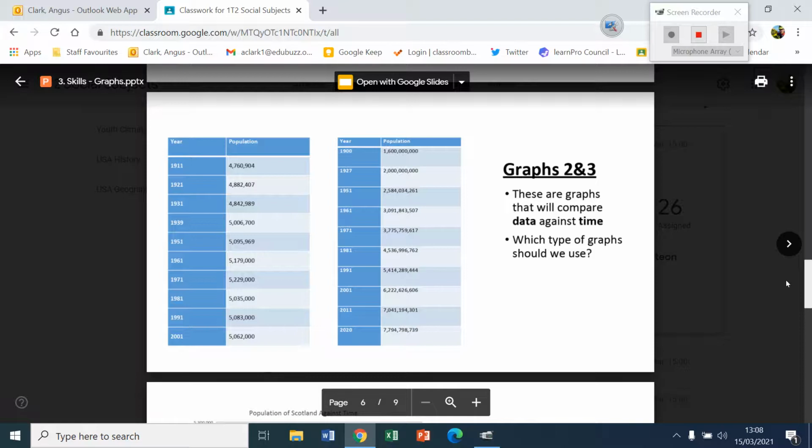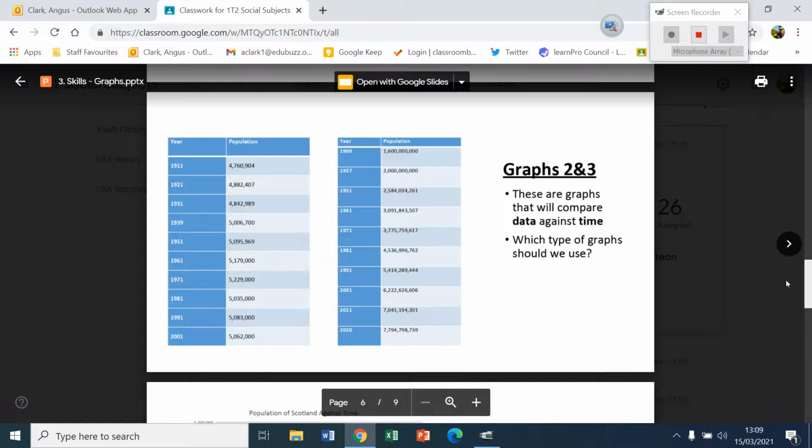So we're seeing this population going from 4.76 million, or if you read the full number, 4,760,904 in 1911, and by 2020, as you can see, it's gone up to 7,794,798,739. And that's an approximation of world population, and it shows how world population has changed over time.